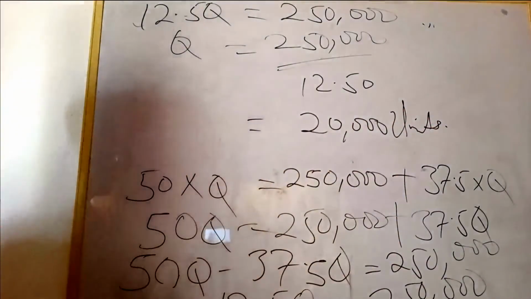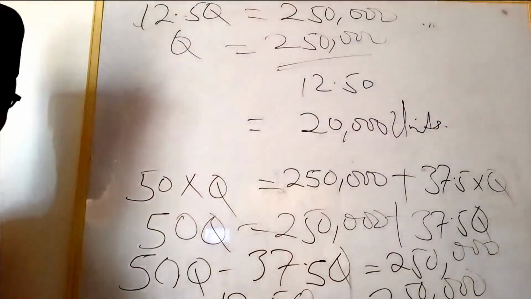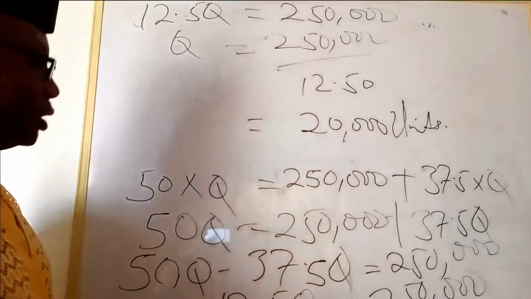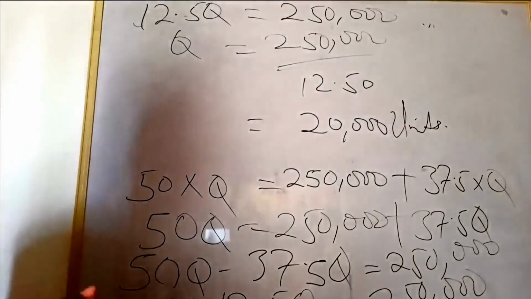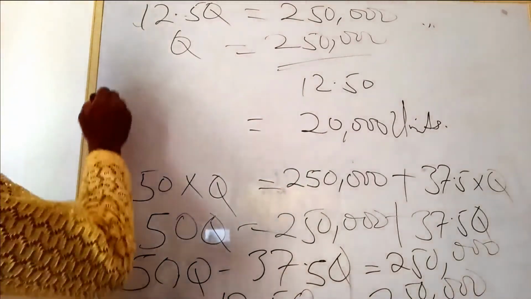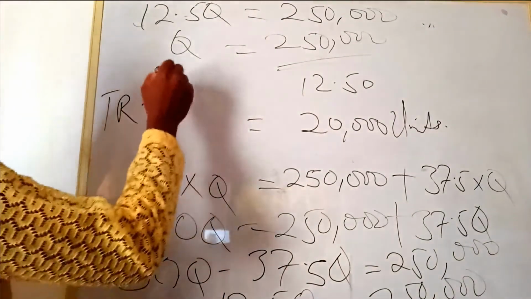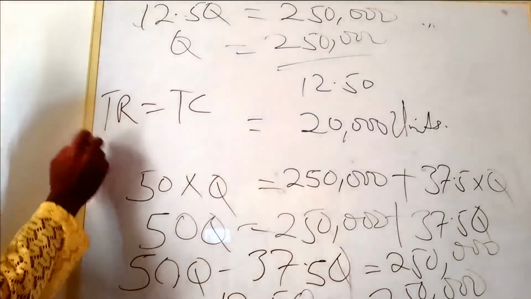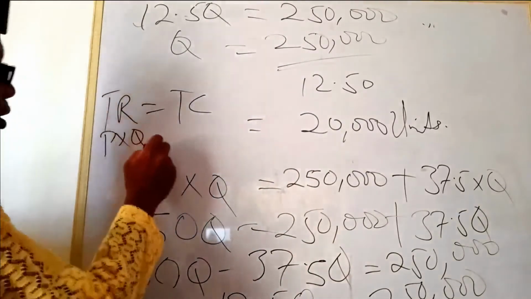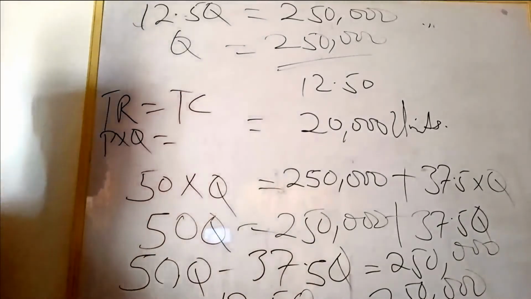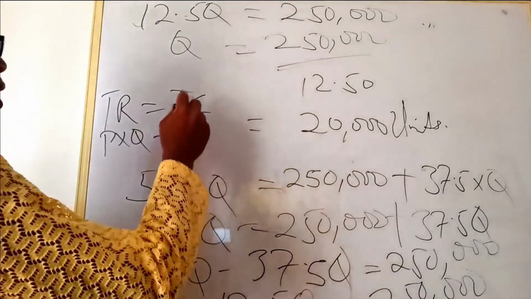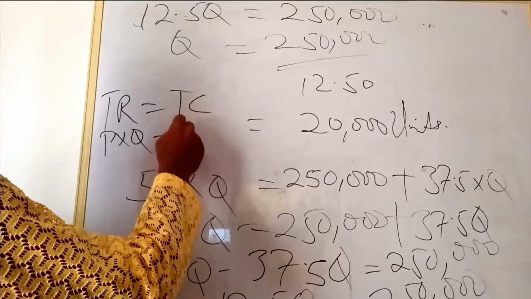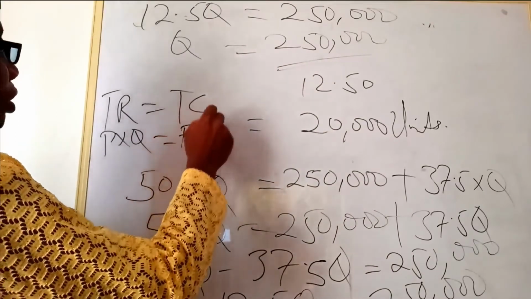The lot size is 20,000 units. That is the lot size. So what we did is we applied this formula, total revenue equals total cost, where we know total revenue is price times quantity, and total cost is fixed costs plus variable costs.